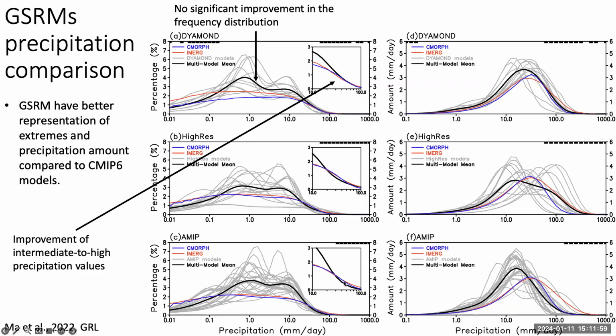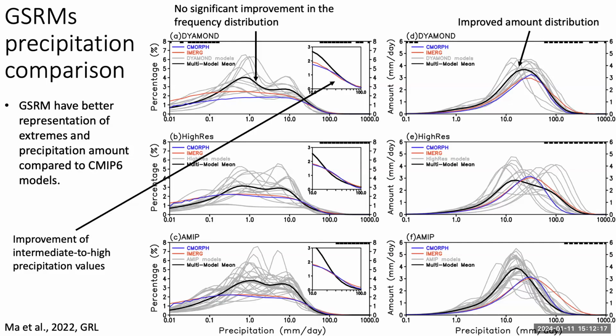And this translates to the amount distribution, where the amount distribution in GSRMs looks better than in the high resolution models and the AMIP runs.